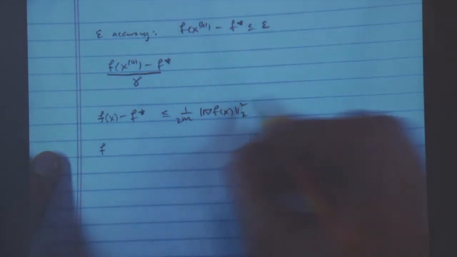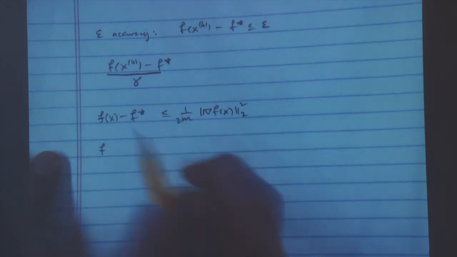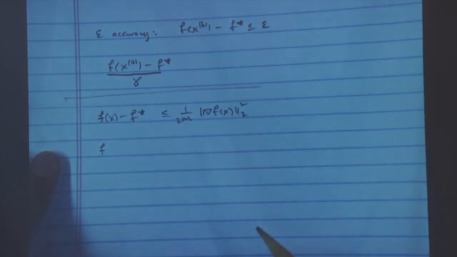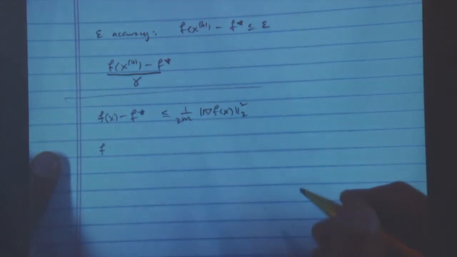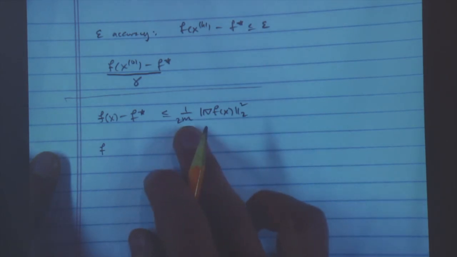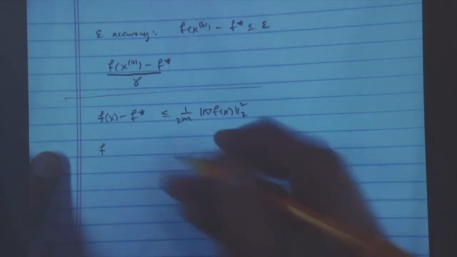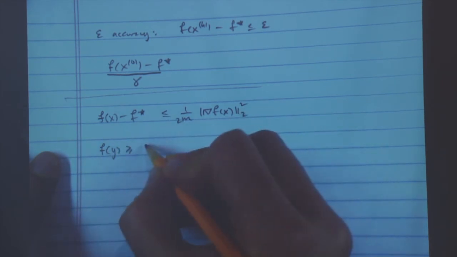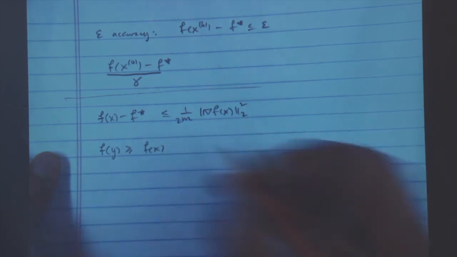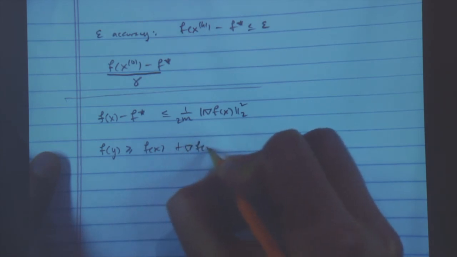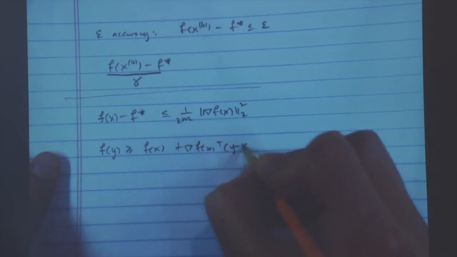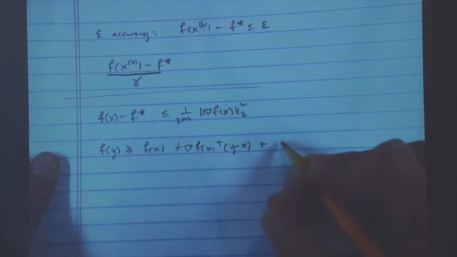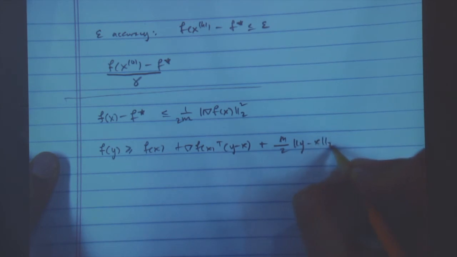Maybe it was squared. So let's just figure out how we prove such a thing. So we know that if a function is strongly convex with parameter m, then the following is true. For any y, we can say that f of y is bigger or equal to f of x plus the following quadratic expansion. It's m over 2 times y minus x squared.